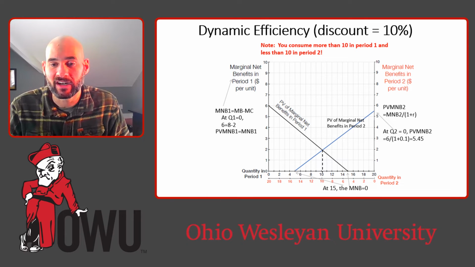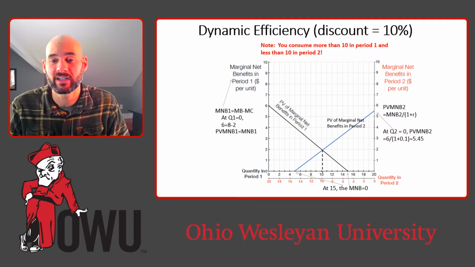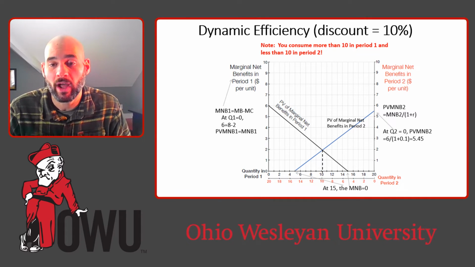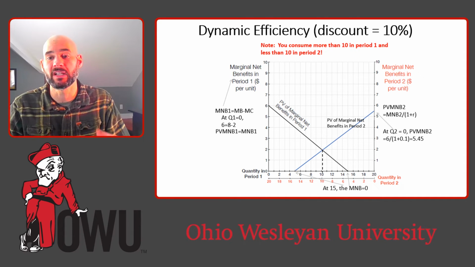As you can see here, it's pretty close to being equally split between period 1 and period 2, but we're extracting slightly more than 10 in period 1 because of that time preference, because we're discounting the future by 10%.